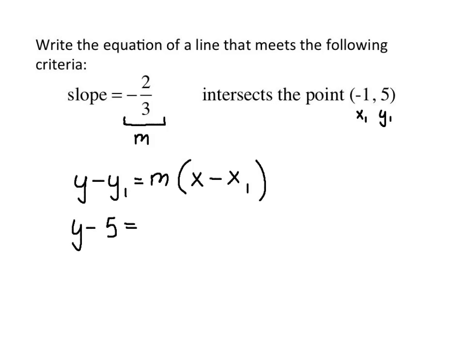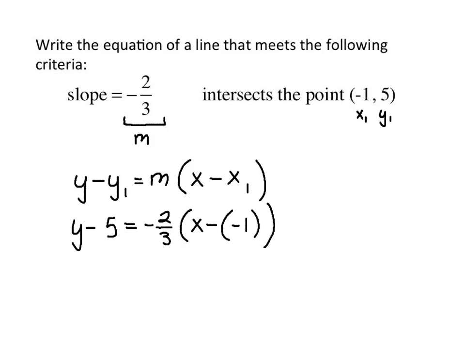Equals, now our slope I can see is this m value of negative 2/3. So I'm going to write negative 2/3 times parentheses x minus, and here a little bit different, our x1 value is a negative 1. So I notice that I'm going to be subtracting a negative 1.